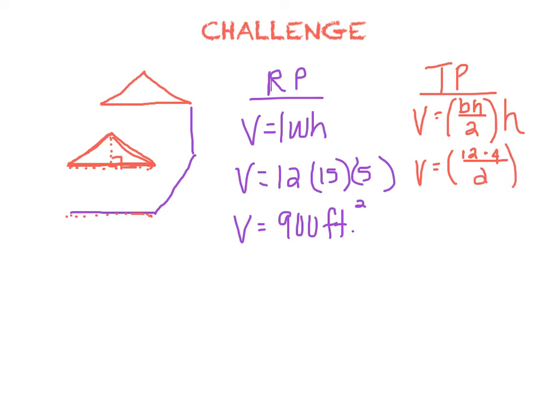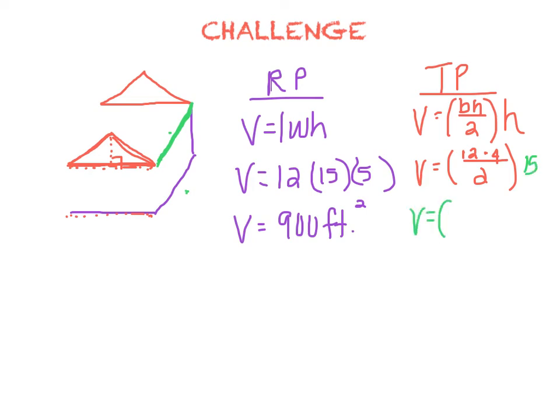Divide that by 2. Then the height is this line right here because it connects your two bases, your two triangles. In this case, it gives this house depth. So if this side is 15, that means this side is 15.